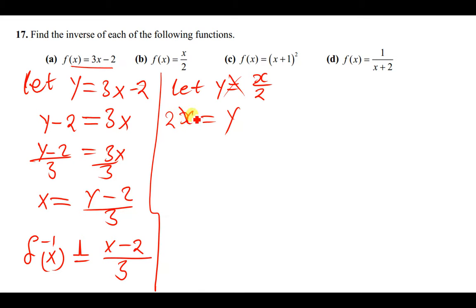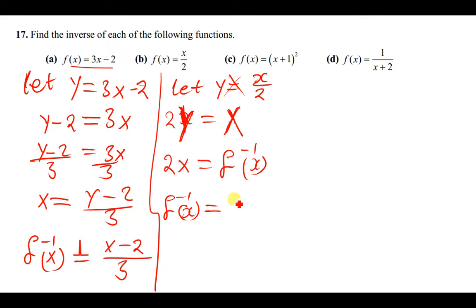So x is now the subject in this case. If x is already the subject, we just change where there's y we put x, and where there's x we put f inverse of x. So we say 2x is equal to f inverse of x, which can also be written as f inverse of x is equal to 2x. So this is the inverse of this function.